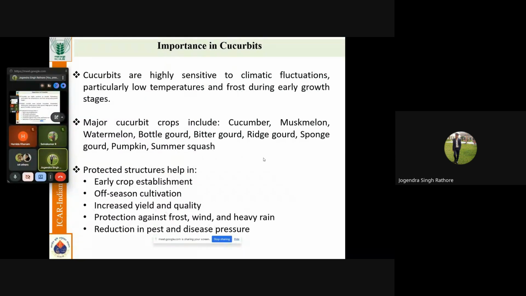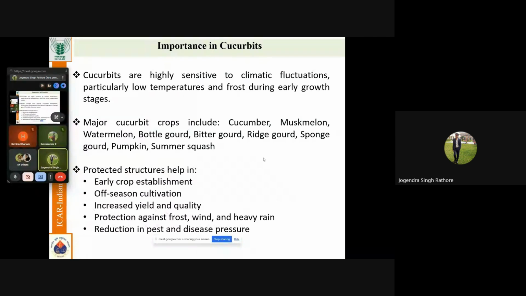In bottle gourd, we observe that at a low temperature of 15 degrees and below, there is no germination, and it will germinate when it comes to about 25 degrees centigrade.